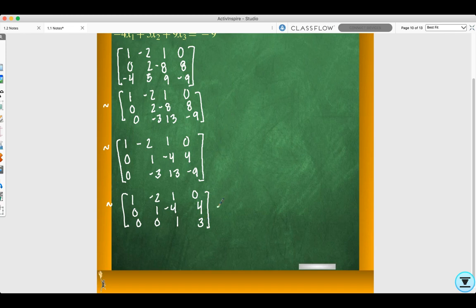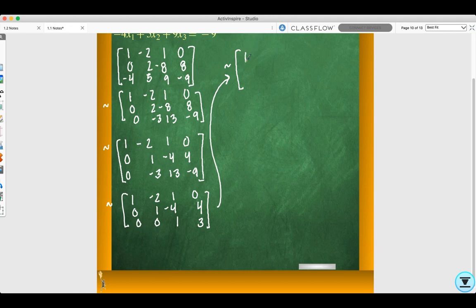Now I'm just going to go ahead and come up here. The next step, I'm going to do 2 steps at once, and you can do this all the time. I'm going to take negative of row 3 and add it to row 1 so that I can get this to become a 0. I'm also going to take 4 of row 3 and add it to row 2, so this will become a 0, because I want zeros all above this 1 so that I can have a solution.